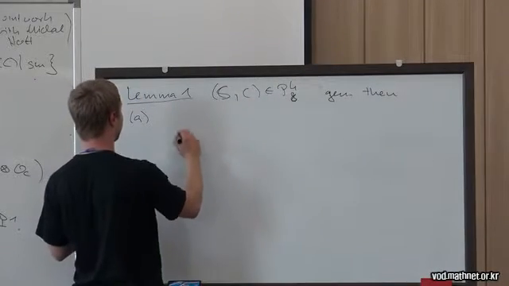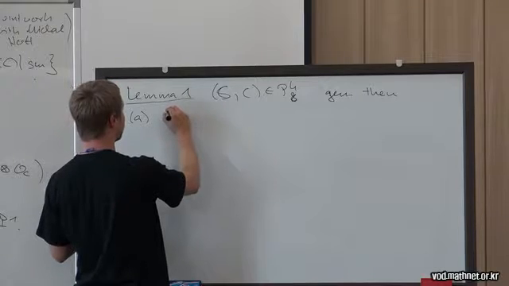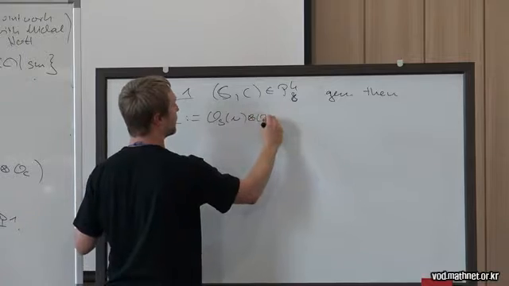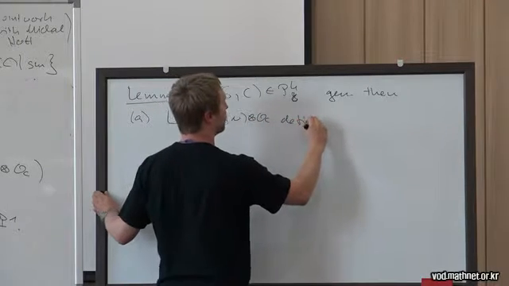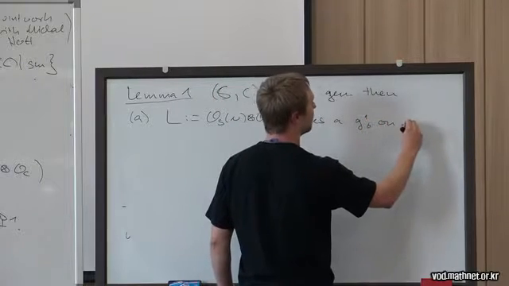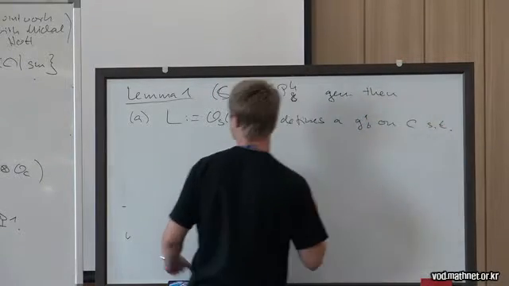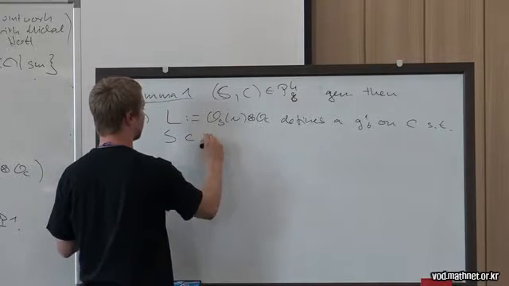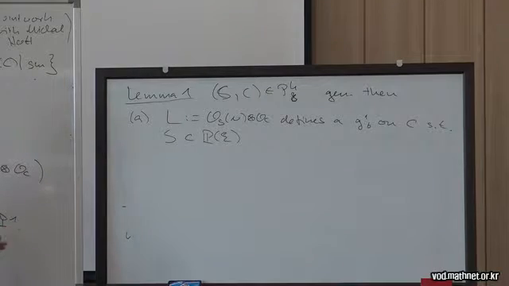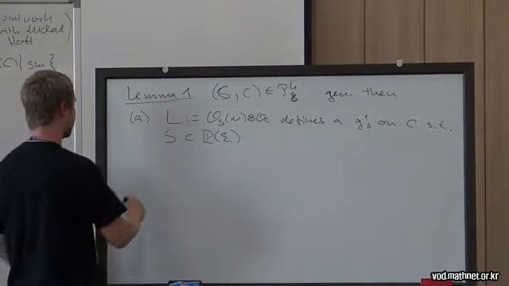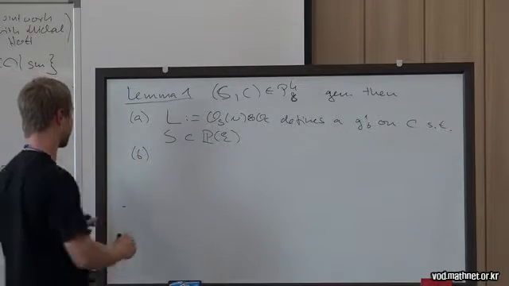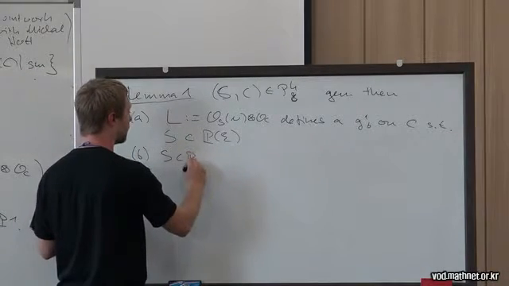First, part A: L, which I defined to be OS(N) tensorized with OC, defines a G16 on C such that S is contained in the scroll swept out by this G16. This is relatively easy to see.